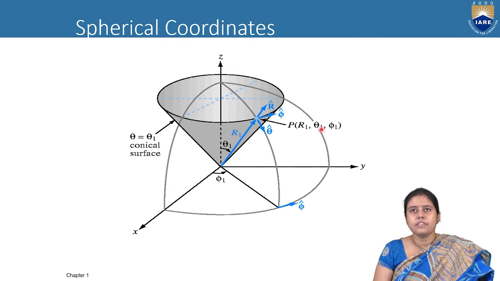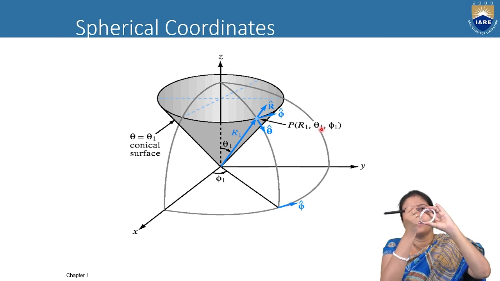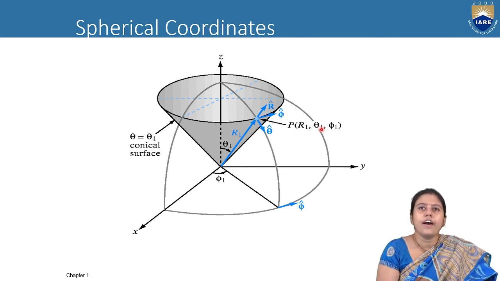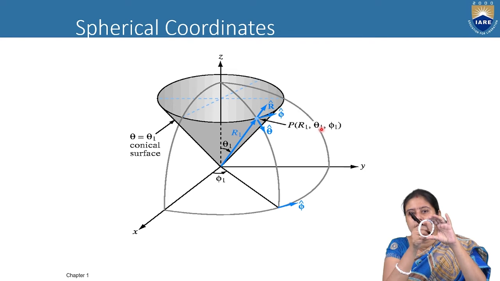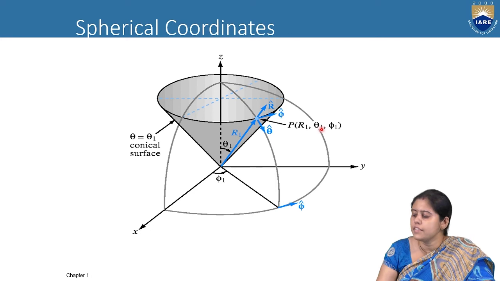Again, I will tell you, if one point is here, the angle of this point with the z-axis is known as the angle theta. If the point is here, the angle with the x-axis is known as phi, and the distance is r.